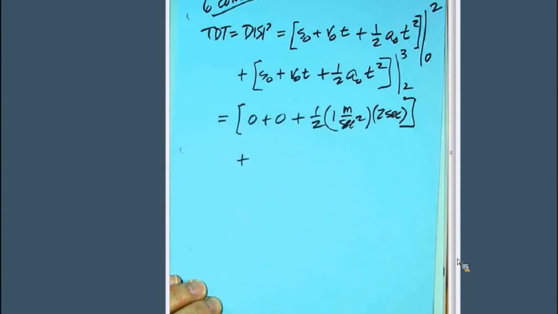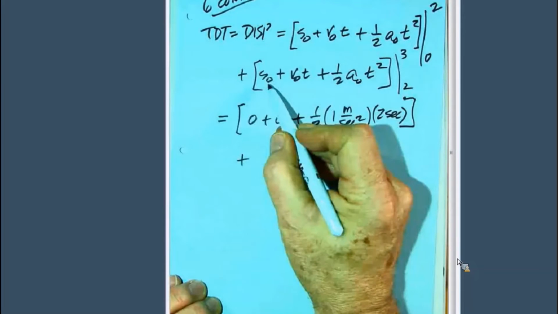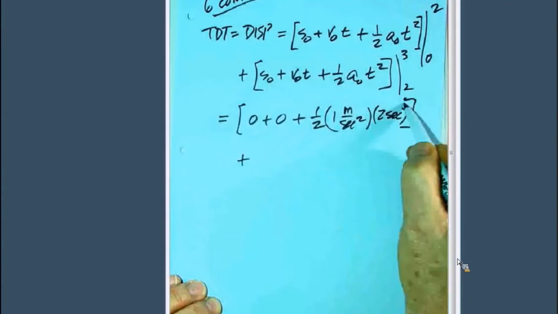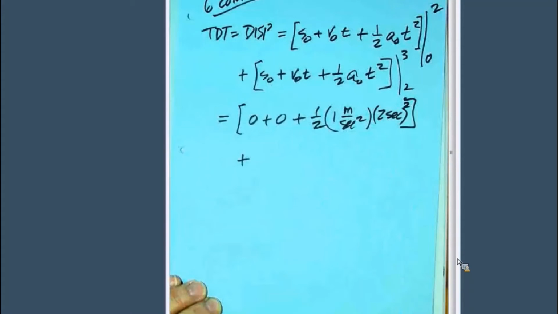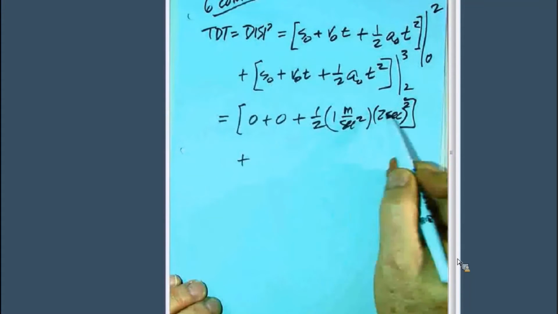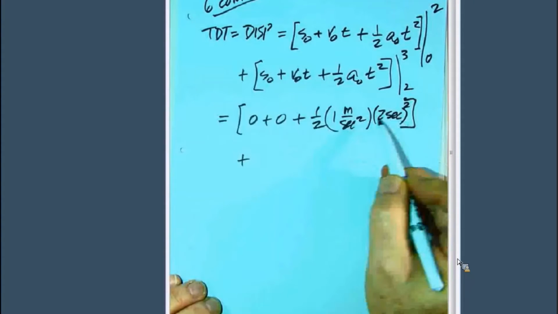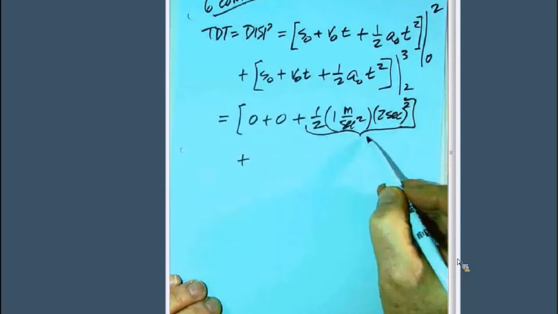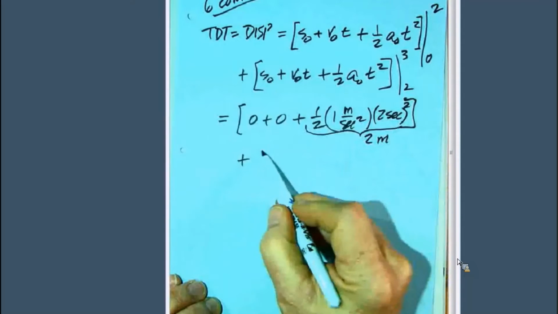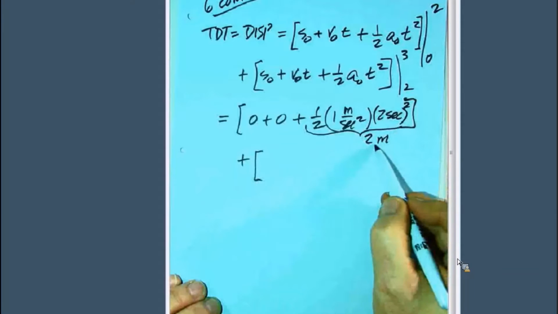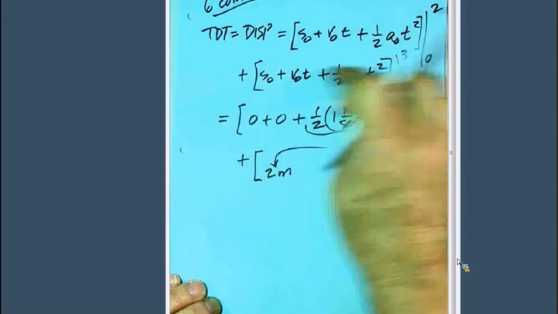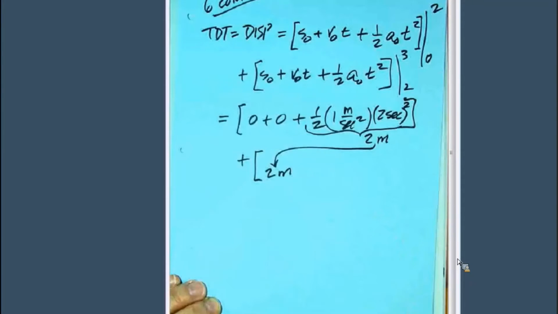Now for the second one, we've got S0, but it's no longer 0. It's whatever this is. So 1/2 of 2 squared, well, that's 4. Half of 4 is 2. So what you have here is 2 meters. And that 2 meters, you've got to remember, is going to become your S0 for the second term. It's not going to be 0, it's going to be 2 meters. You've gone 2 meters.